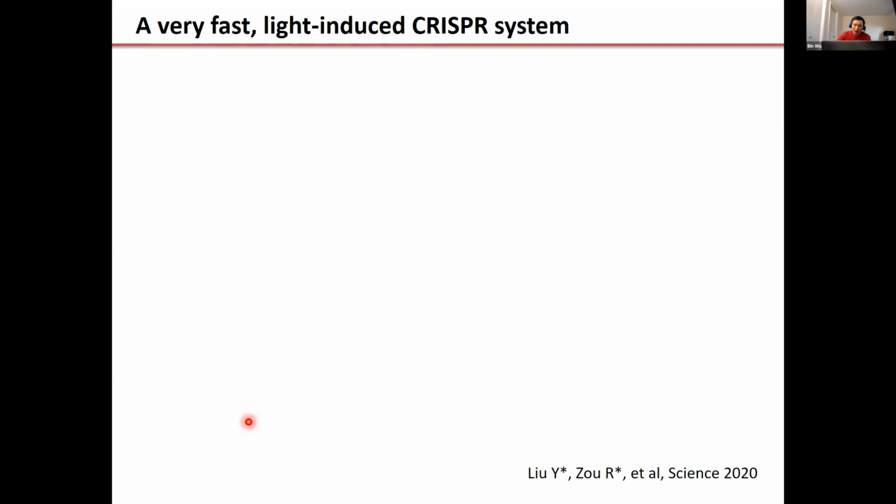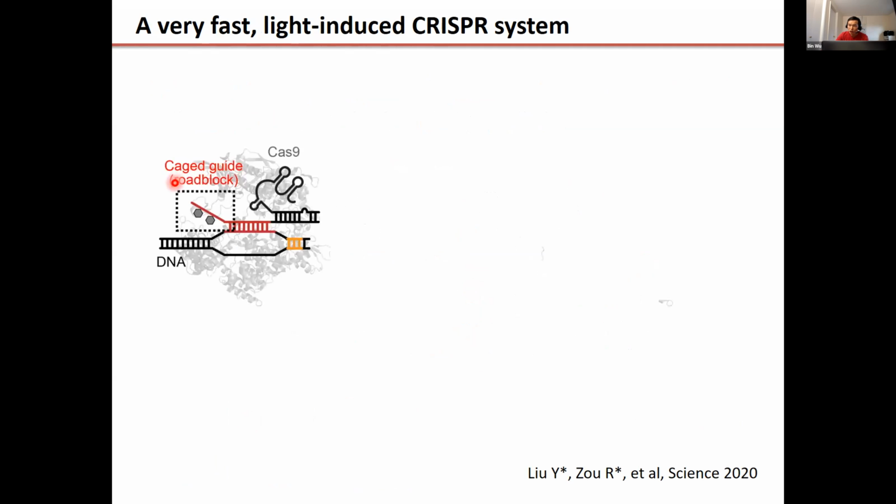So Yang chemically synthesized a guide RNA where he puts a caged nucleotide at the PAM distal region. The Cas9 caged RNA complex is able to bind to the target, but unable to cut, because the PAM distal region cannot hybridize to the target due to the steric hindrance introduced by the caging group.